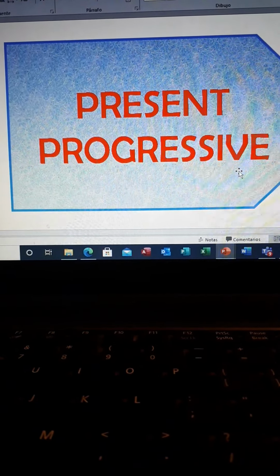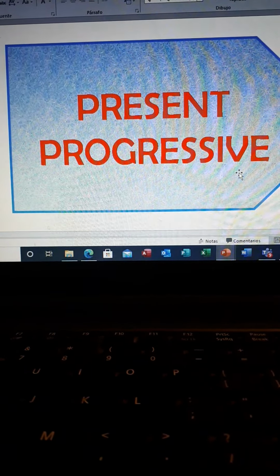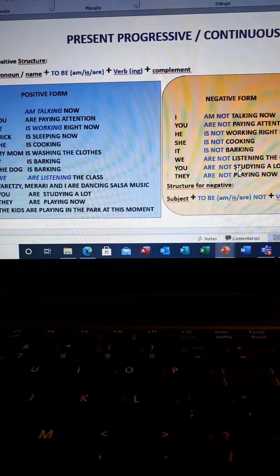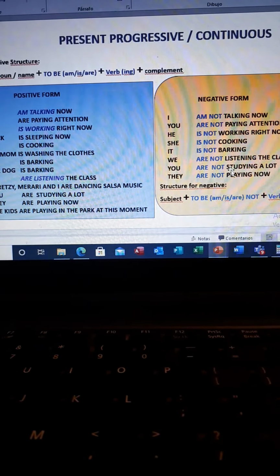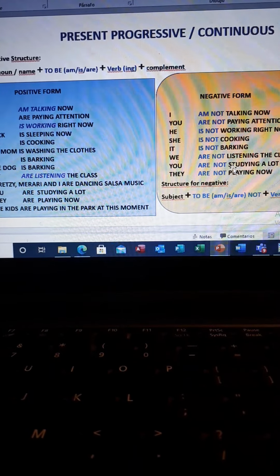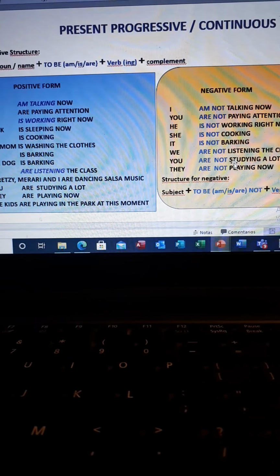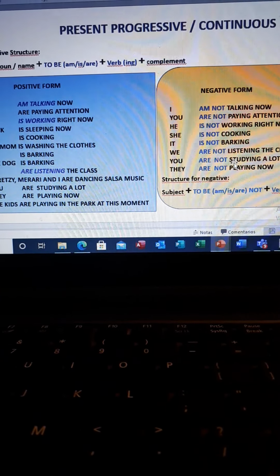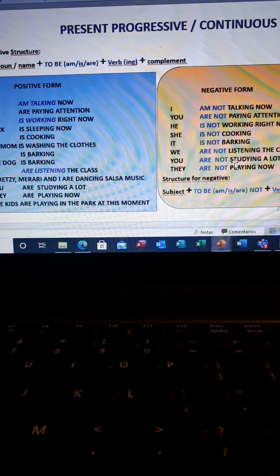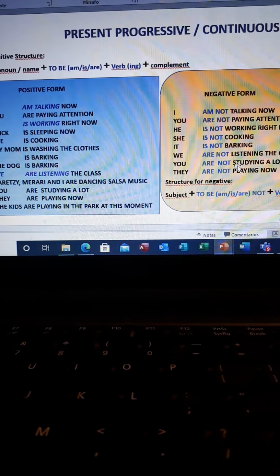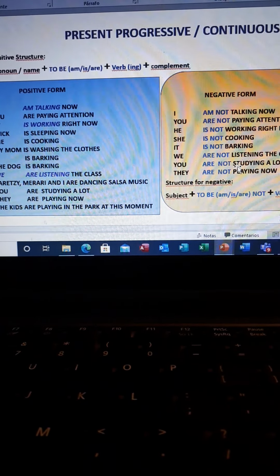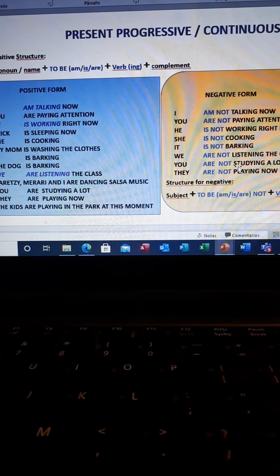So how are we going to work with the present progressive? Progressive or continuous is the same. If you see progressive or if you see continuous, we're talking about the same information, the same tense. And to work with the progressive or with continuous, we need to work with ing.